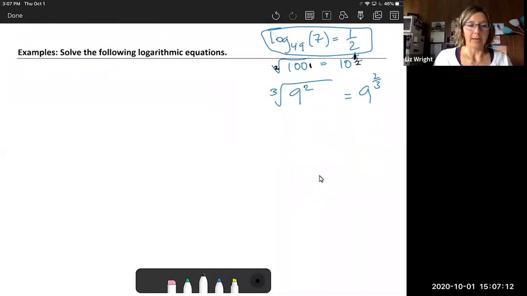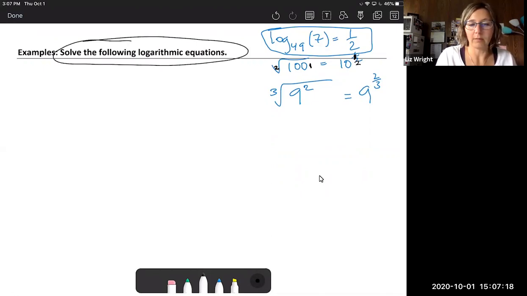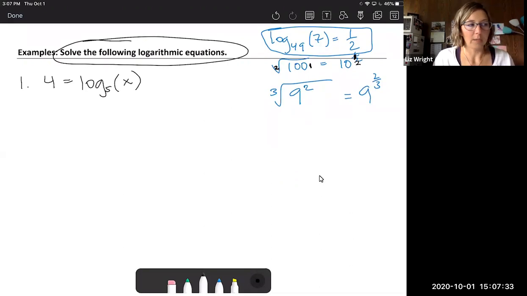All right, so on the back now, we are looking at solving the following logarithmic equations. This one is 4 equals log base 5 of x.